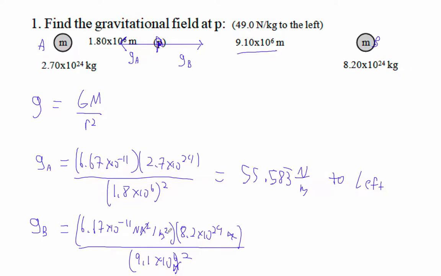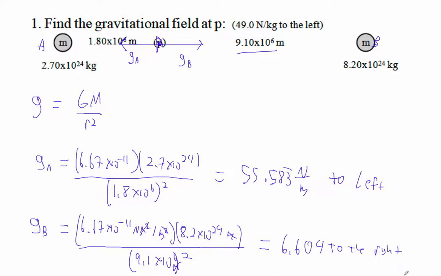One of the kilograms goes away and you end up with newtons per kilogram, just by the way, right? Okay, so I'm just editing the old one that I just typed. So 8.2 is our mass, and 9.1 is our distance. And this is 6.604 to the right.